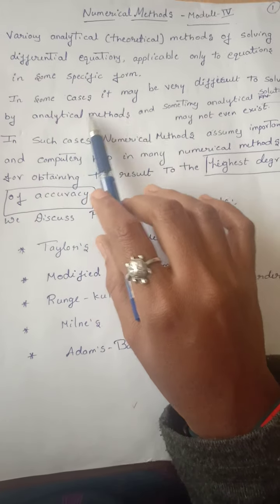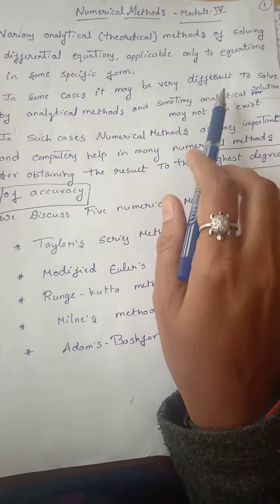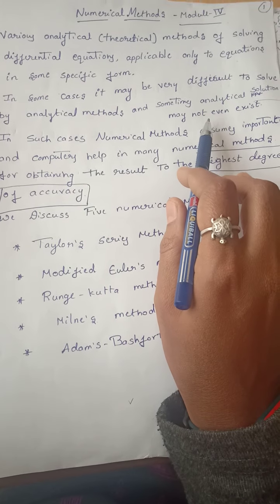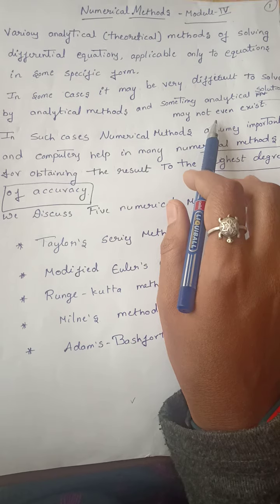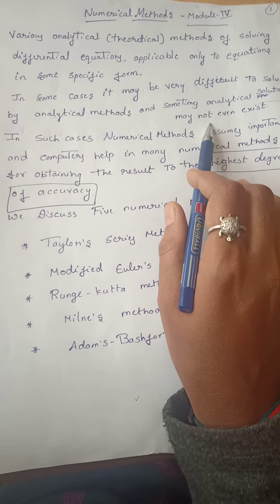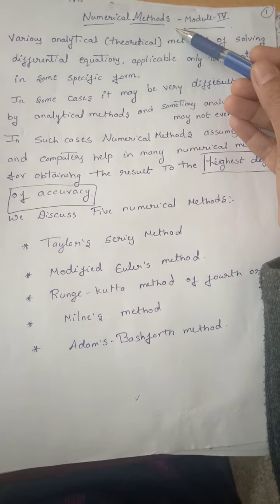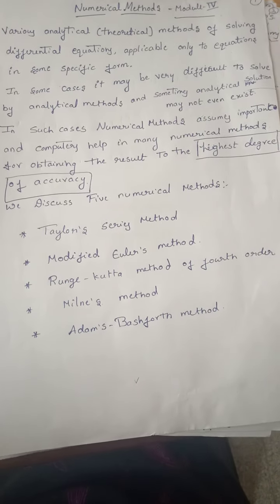In some cases it may be very difficult to solve by the analytical methods, and sometimes an analytical solution may not even exist. In that case we apply numerical methods to solve the ordinary differential equation.